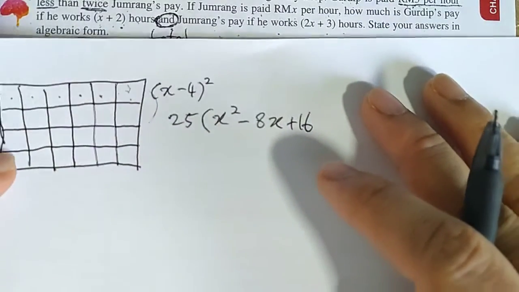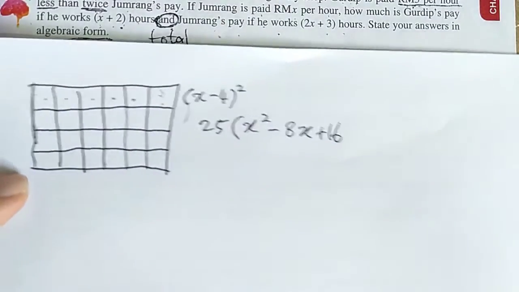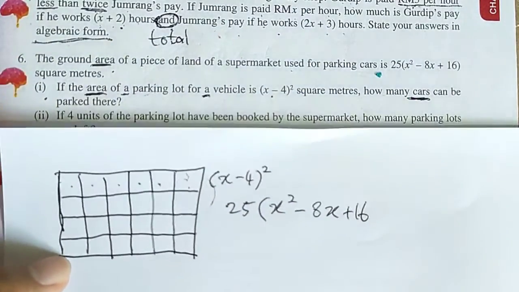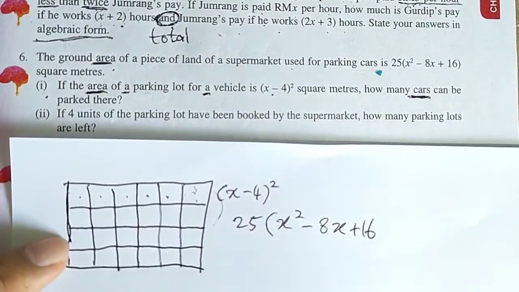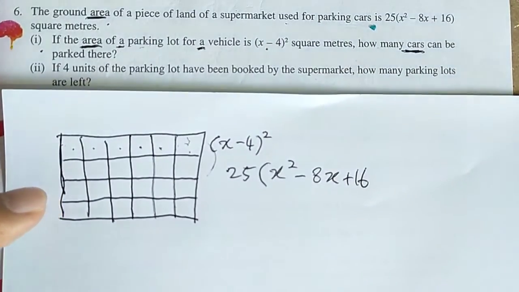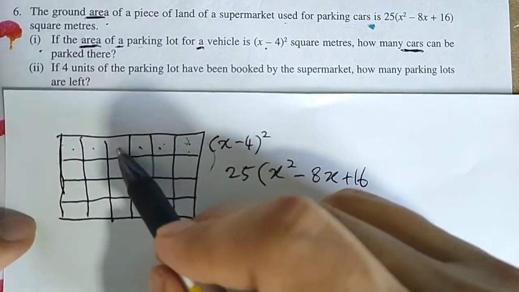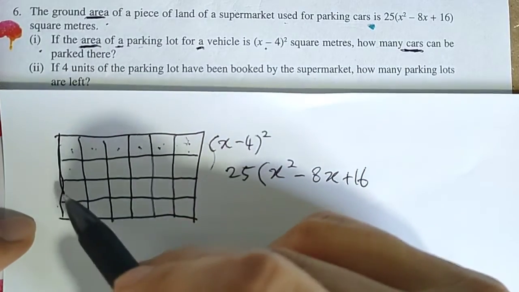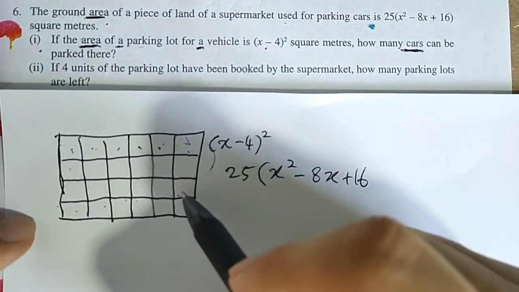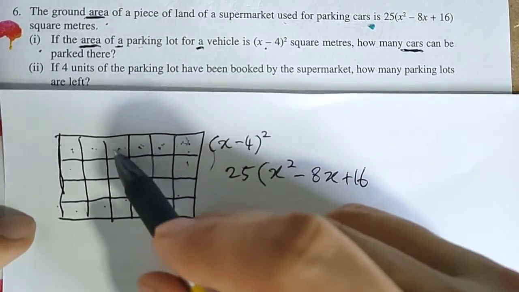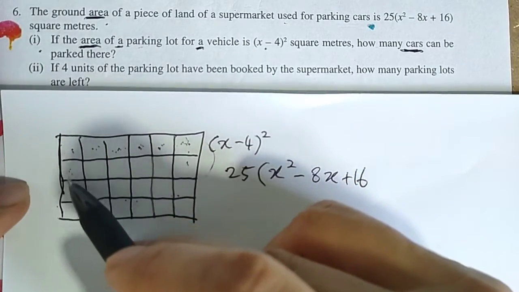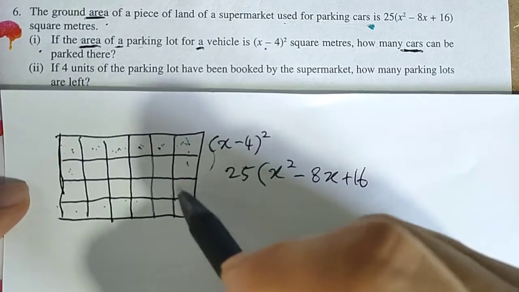Okay. So now, what is your idea? How to find how many cars can park there? If we know the number of parks, then we can count it manually.